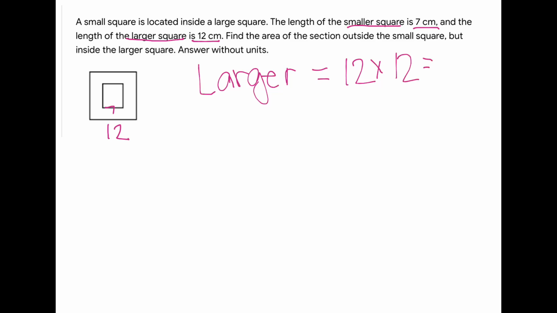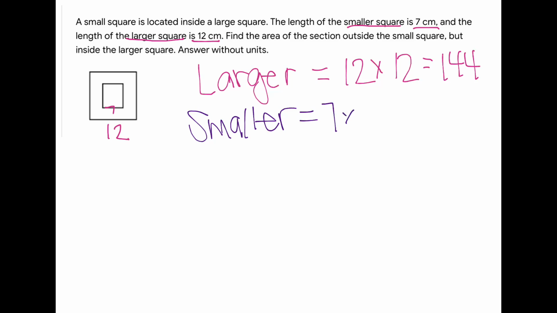We know that 12 times 12 is 144. The smaller, and it's a square, so the length and the height are the same, is 7 times 7, which is 49.